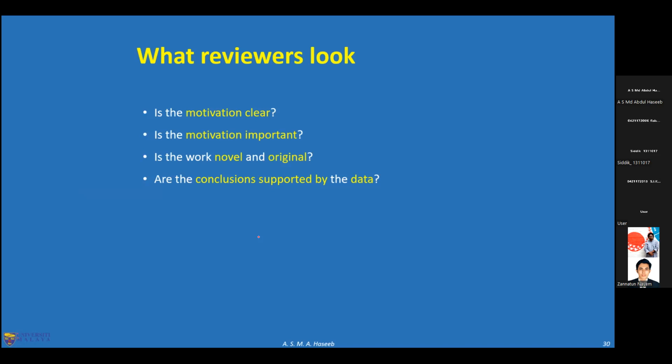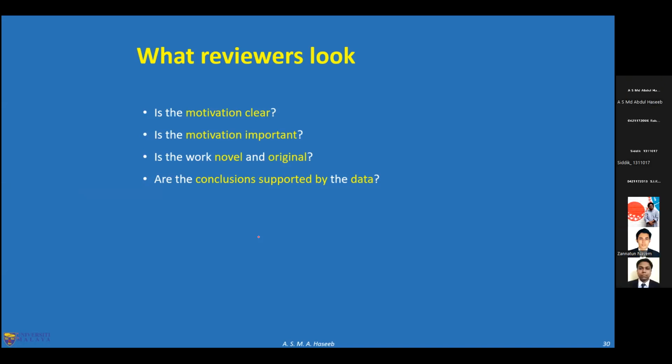When these reviewers read your paper, they will first see why you have done that particular work. What is the motivation behind this work? They will also see, is it important? Does the work that you have undertaken have much value?